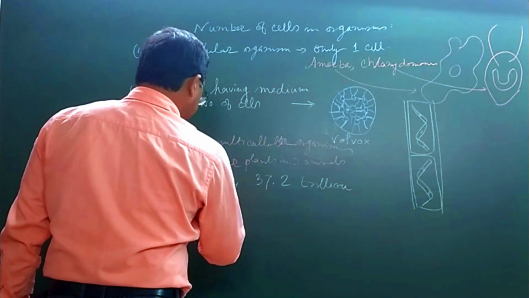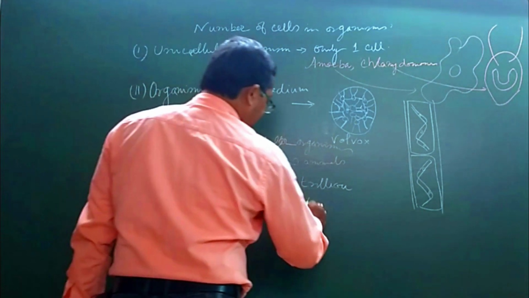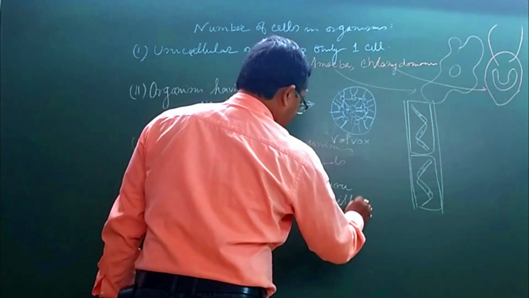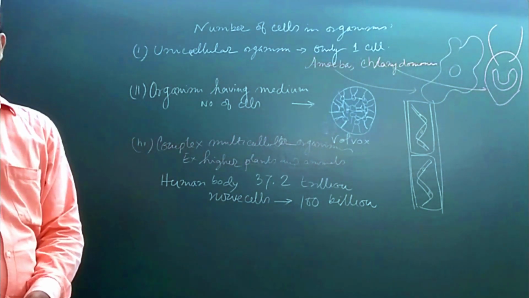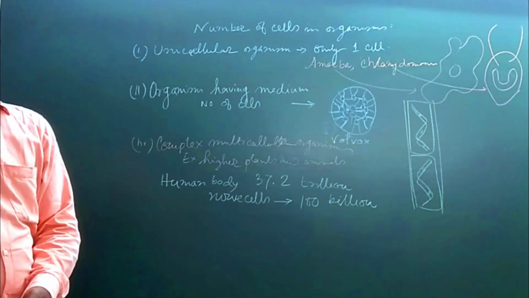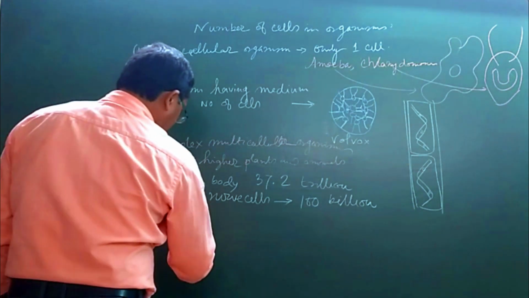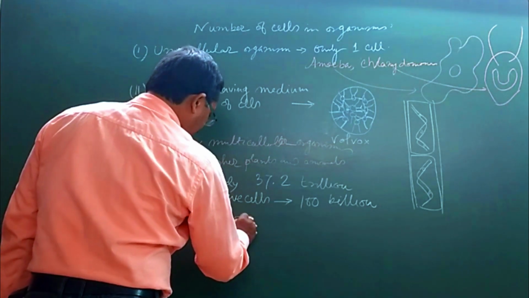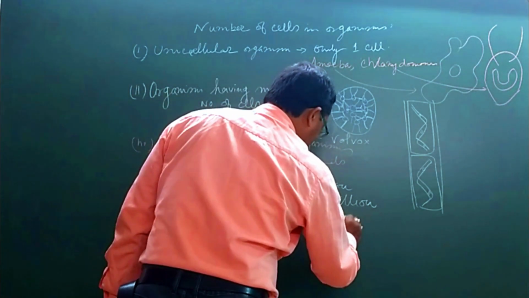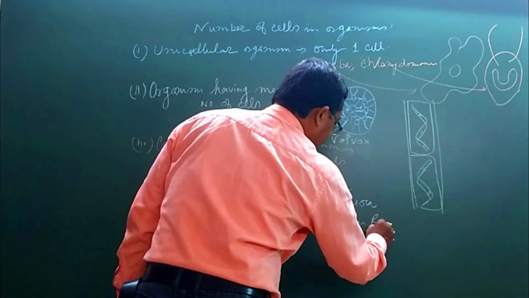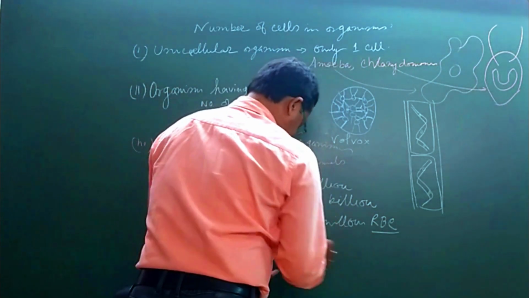Human body, nerve cells number 100 billion. Even when we consider 1 ml of blood, it contains 5 to 6 million RBC. 1 ml of blood contains 5 to 6 million RBC, that means red blood corpuscles, red blood cells.